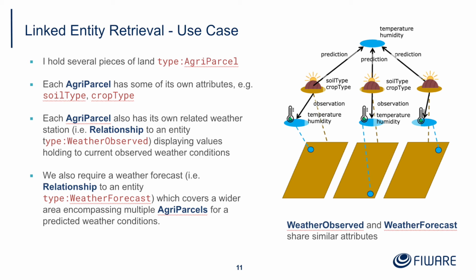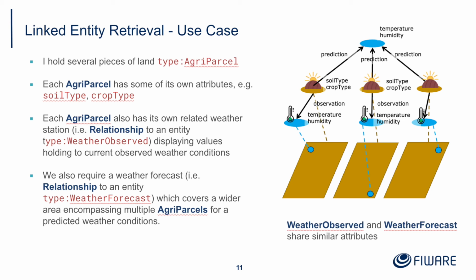Here's the use case which we can deal with: you could have a piece of land, an agri parcel, and that would have properties of its own, like soil type, crop type, whatever. But it could also have information which could be coming from other entities. So you might want to get both the weather you're observing and the weather that you're expecting to get later on. Now, this is useful because there are already data models for weather observed and weather forecast.